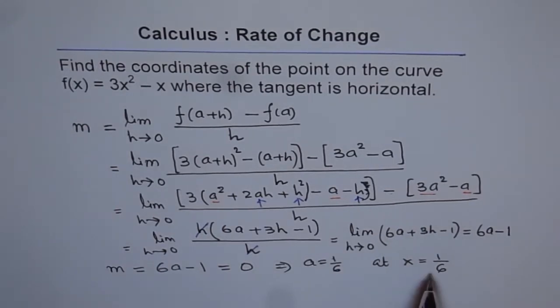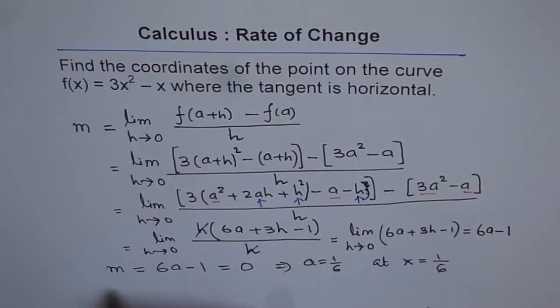So that is the point. And as you see, this is a quadratic equation, so that is also the vertex of our function f of x. The coordinates of the point on this curve means you need both x and y values, right? So let's get the y value now.